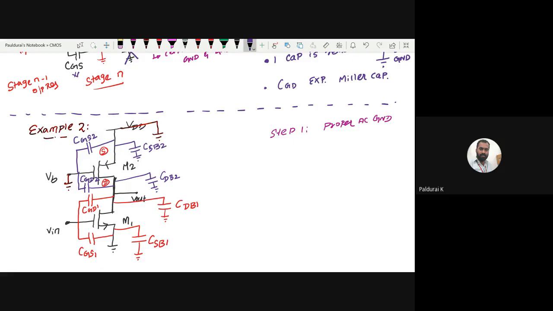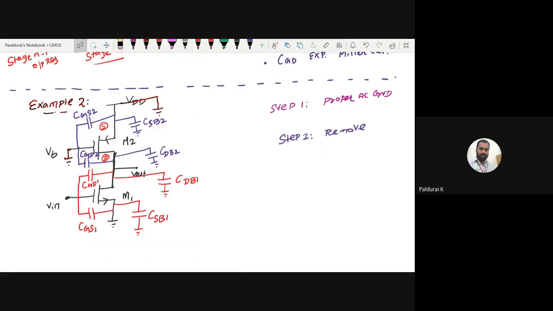First listen to me properly, then I will give you time to play. What did I say is the second step? Is it possible to remove? Second step, you want to look for elimination. Is there any possibility? You guys now please reply. M1. What about CSB1? Where is it connected? Ground to ground. So I can eliminate, right? Add a color for it.